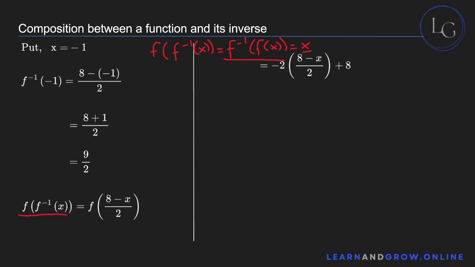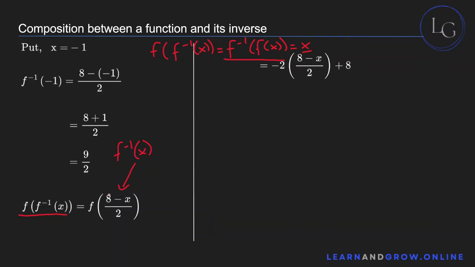Okay, so if you input f of f inverse of x, you get f of (8 minus x) by 2, right? Because f inverse of x was equal to (8 minus x) by 2.